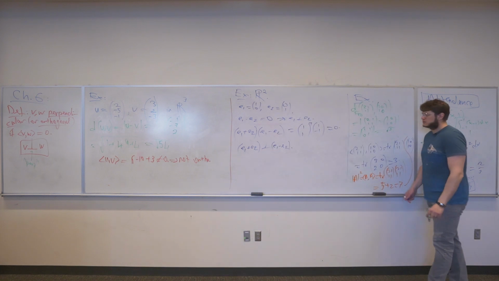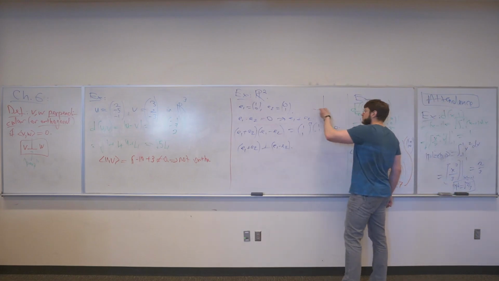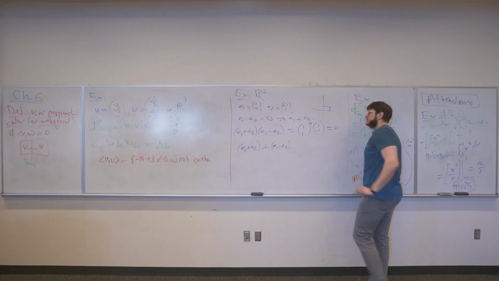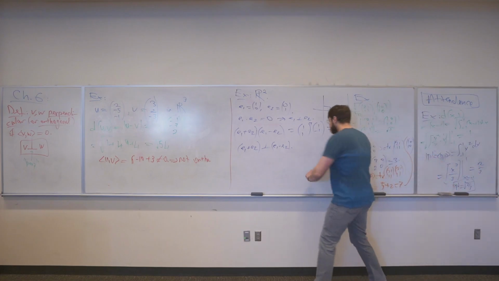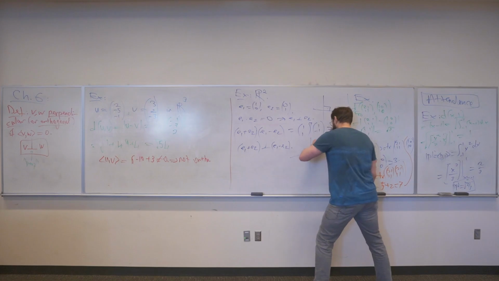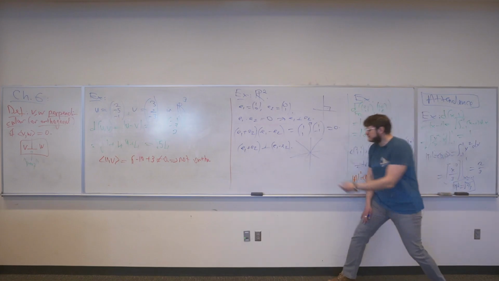Okay. Let's draw pictures. This one says the angle here is 90 degrees. That's what this calculation says. If you were to look at these two axes, this is 90 degrees.